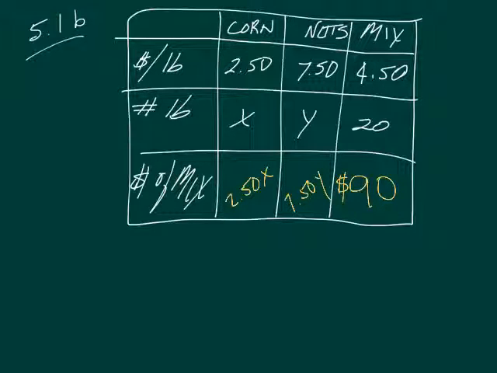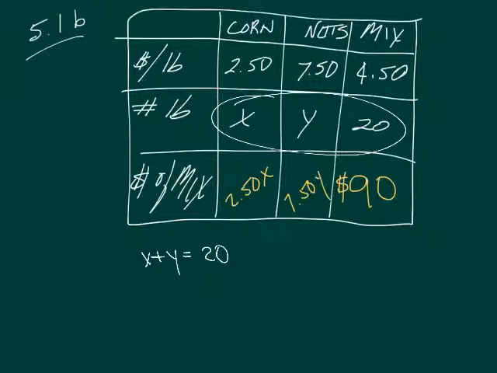So what do I know here? I know that x plus y equals 20. If I add the number of pounds of caramel corn to the number of pounds of mixed nuts, I'm going to get 20 pounds.